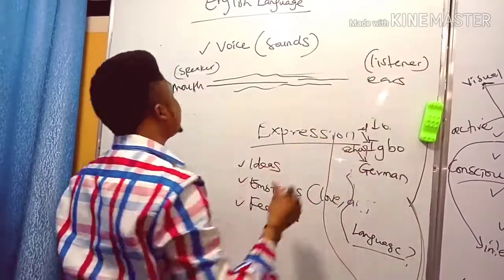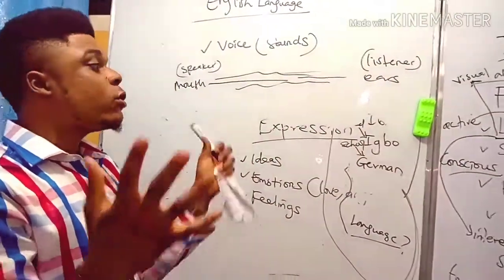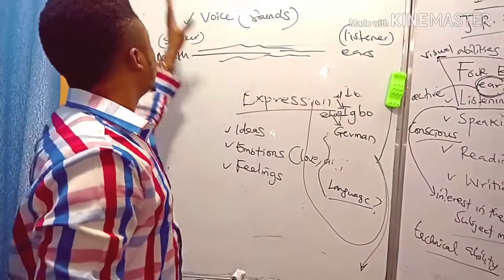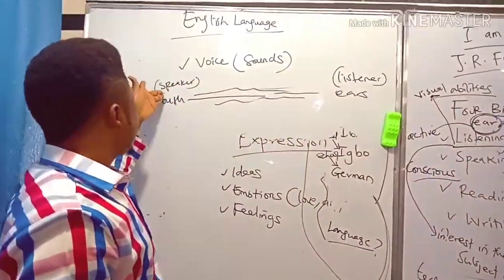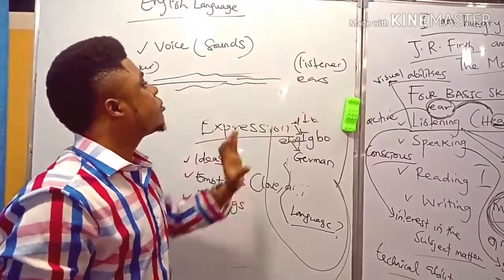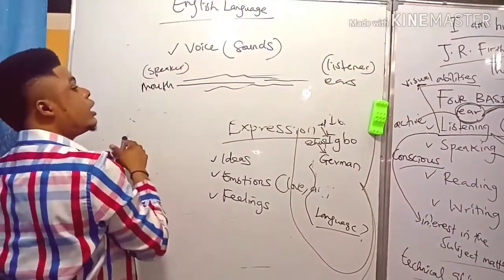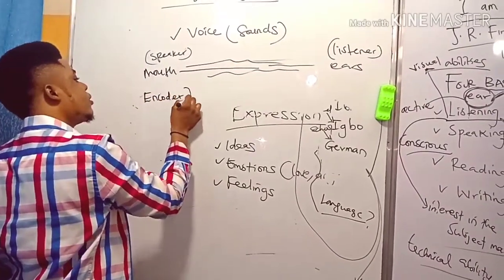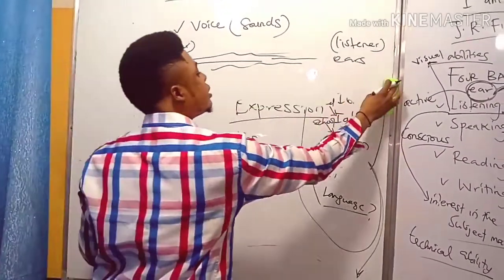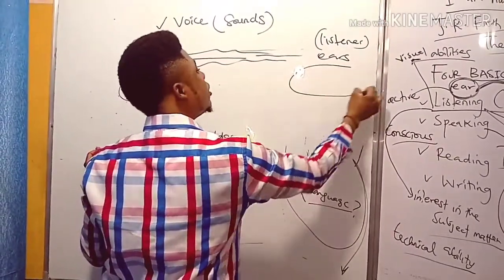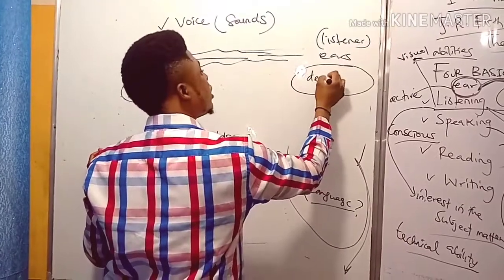That's why when we learn speaking, it is deeply contrasted with listening. So most times I'm making reference to listening and listening. So the speaker releases the sound waves that go straight to the ears of the listener. So the speaker is known as the encoder, and the listener is known as the decoder.